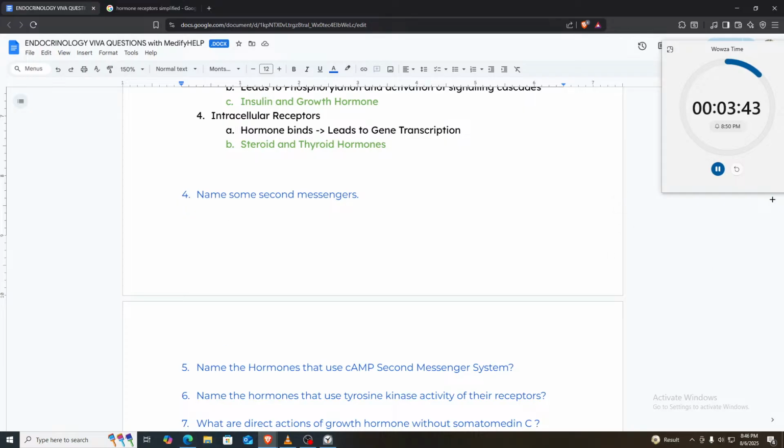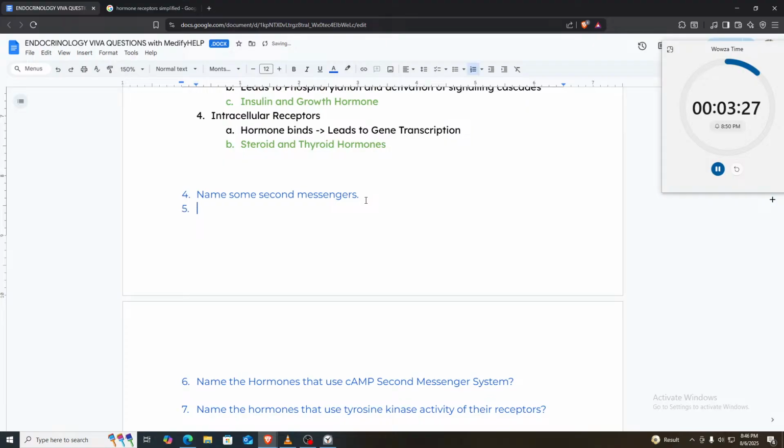And second messengers. So, could be any. There's no set bound on this. So I'll just make a list.